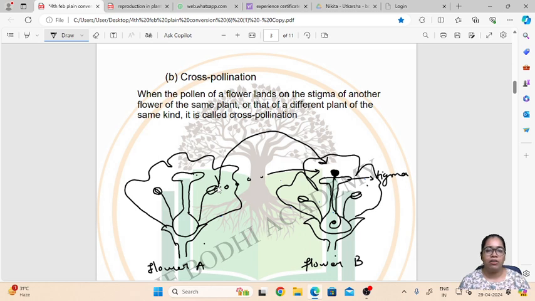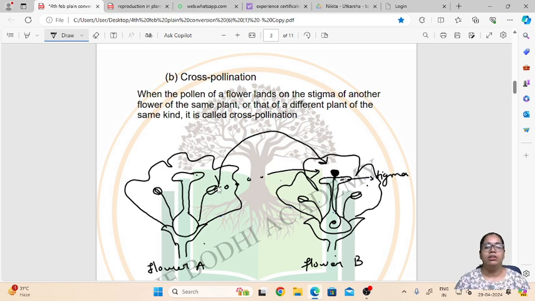So this kind of pollination, wherein the pollen of one flower lands on the stigma of another flower of the same kind or that of a different plant but of the same kind. So the flowers have to be of the same kind, but the pollen grains from one flower will settle on the stigma of another flower. So this type of pollination is called cross pollination.